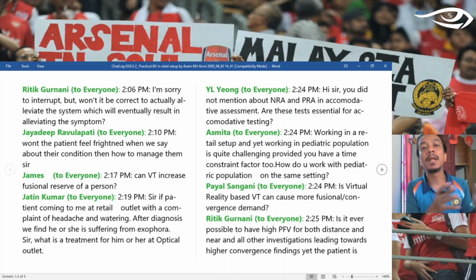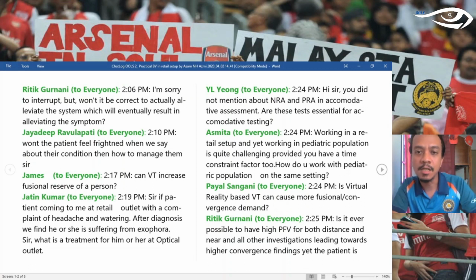So it depends very much on what problems you see initially, or what symptoms are reported by the parents initially, and then you plan the examination into several sessions so that you can actually have more focused tests on a patient. So you have to prioritize what information you want to obtain from the patient in order to plan a proper management for the patient.